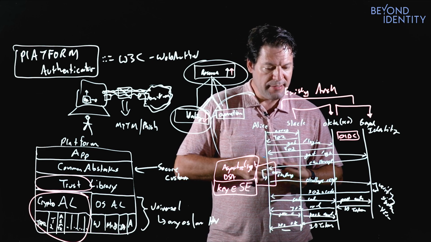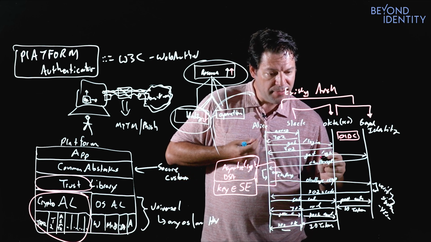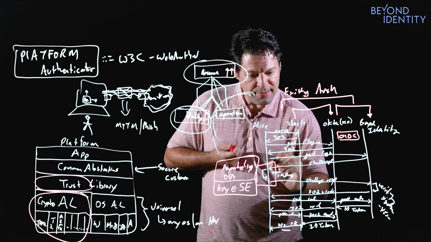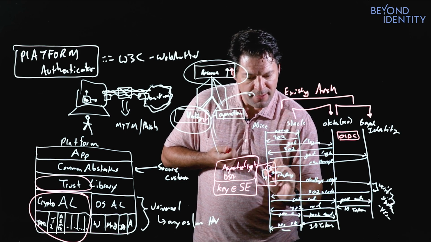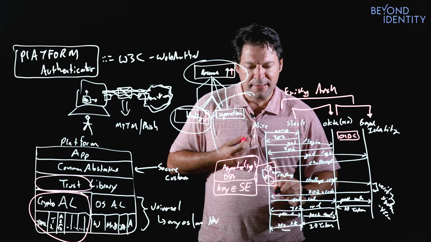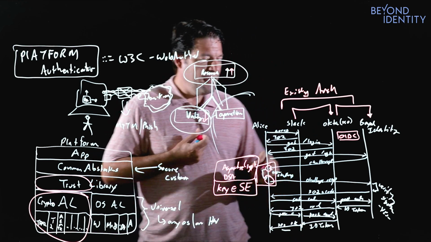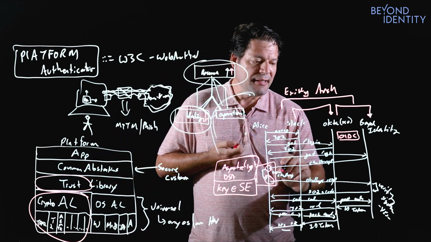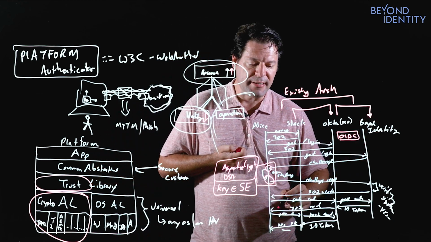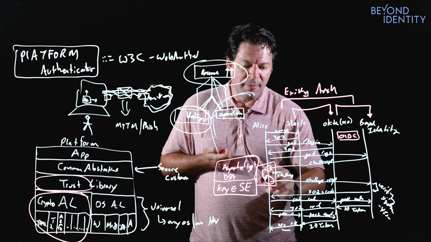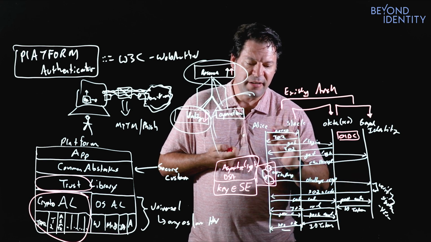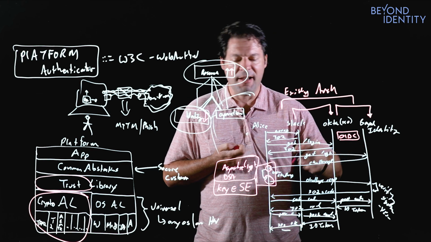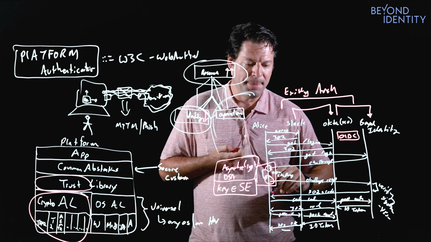And the other thing that I didn't really highlight too much, but it's interesting, is this challenge right here in this challenge response. Because it's conducted by our Platform Authenticator, the Platform Authenticator is verifying that the challenge in fact came from Beyond Identity. The Platform Authenticator is proving the response is coming from a Platform Authenticator built by Beyond Identity, signed by Alice's key.